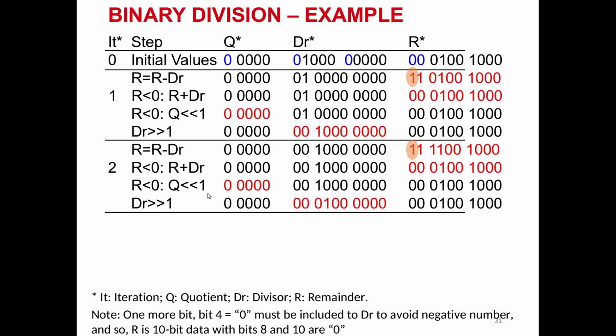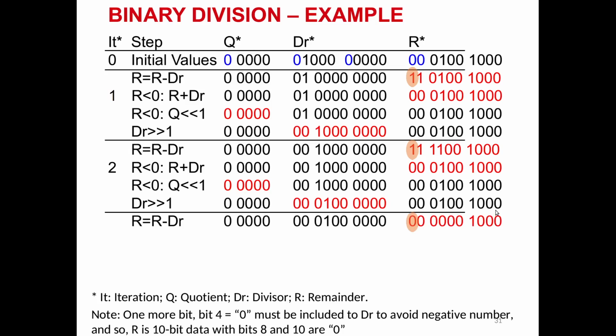And then DR must be shifted one more bit to the right, so bit 1 here will shift to here, and so we have 0 0 0 1 0 0 0 0 0 0, and this previous 0 bit will move out of our register. R didn't change its value, so it is still here.